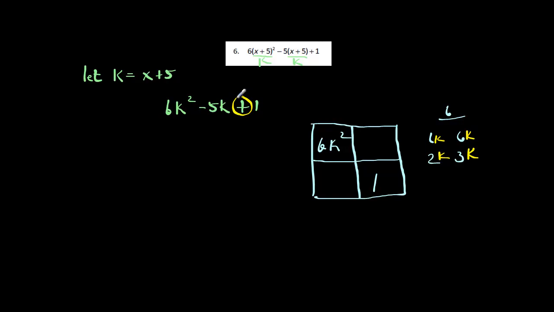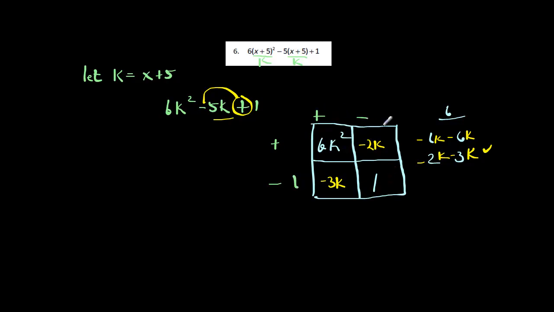Same sign, both are negative. So negative for everybody. Which combination adds to a negative 5k? That would be this one here. So let's drop the negative 2k and the negative 3k. This negative makes that negative, that positive, positive, positive, negative, negative.